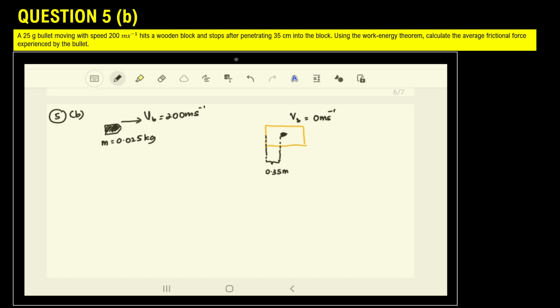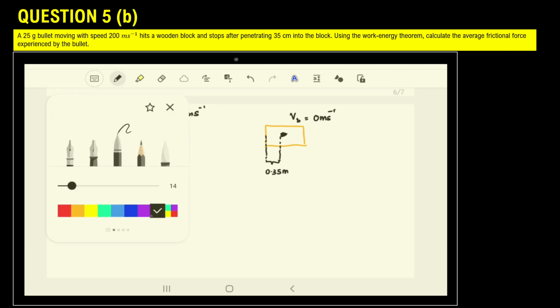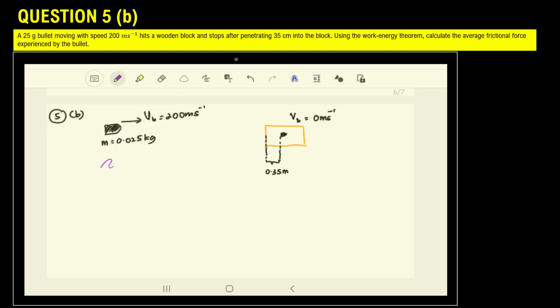Based on the work energy theorem, we can write W is equal to delta K, a change in the kinetic energy of the bullet. Initially, the bullet is moving with 200 meter per second speed, and finally the speed becomes 0 because it stopped. Because the bullet does some work against the frictional force.